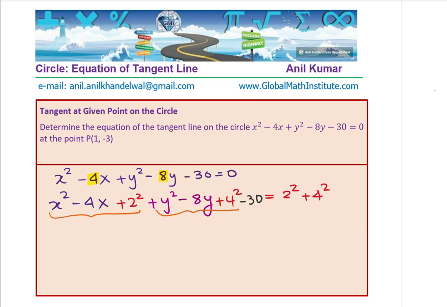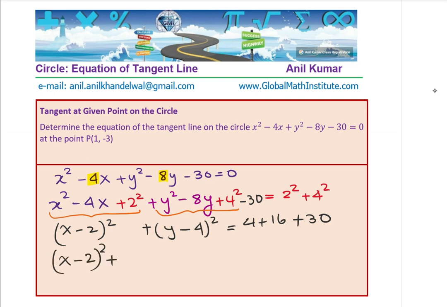So I could now write this as (x minus 2) whole squared, plus (y minus 4) whole squared. I want to take this 30 to the right hand side. So we have 2 squared, which is 4, plus 4 squared, which is 16, plus 30. That gives you (x minus 2) whole squared plus (y minus 4) whole squared equals 50.